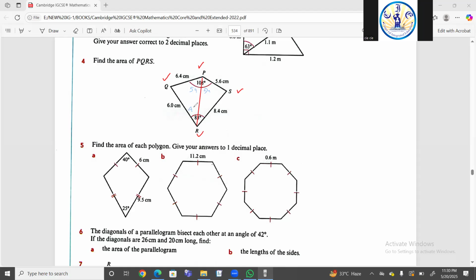So this is 83 divided by 2, that is 41.5, and this one is also 41.5 degrees.